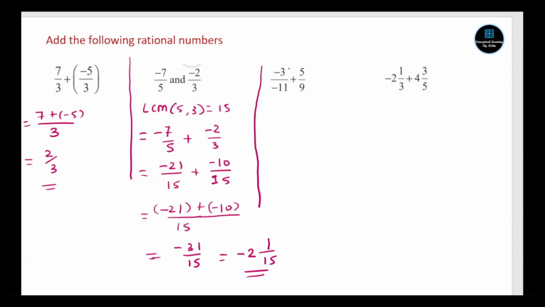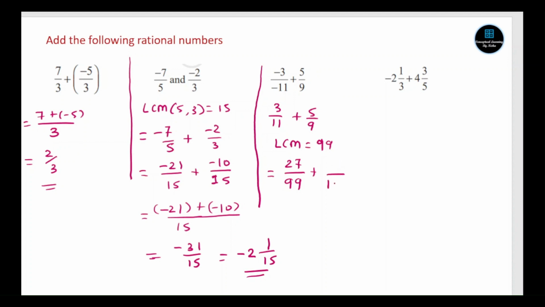Alright. Now here, first of all, this is minus 3 upon minus 11. So I can write this as 3 upon 11. We already learned that in the first part of the video, right? Okay. Now the LCM is, yes, it is 99. So what can I say now? 3 upon 11, I can write 99 in the denominator, multiplied by 9. So I'll get 27 plus 5 upon 9.